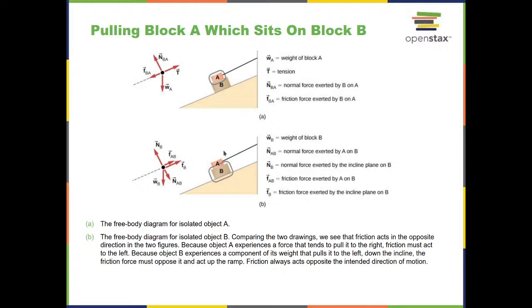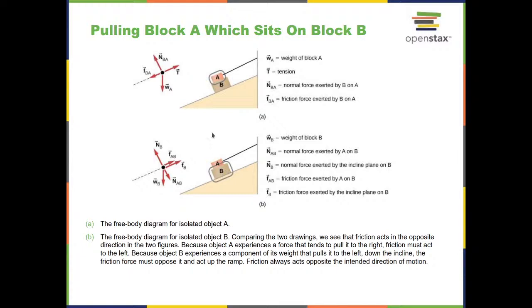For block B, there's no tension. But there's going to be that third law reaction pair that corresponds to the force from block B on block A that will now be applying on block B as the force from block A on block B. Then in addition, there will be friction from the slope onto block B that will also prevent motion.